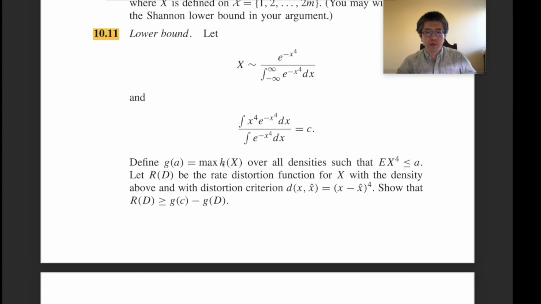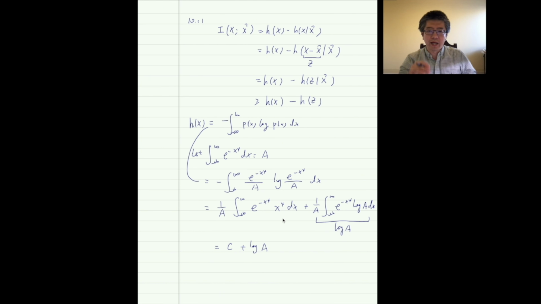So this is the entropy h of x, and we know the entropy of h of x equals this guy, such that this is less than a, and this is nothing but c. In other words, this equals the fourth moment plus log a, which is a monotonically increasing function of the fourth moment. Therefore this equals g(c).